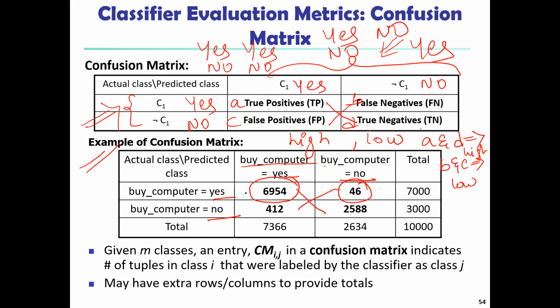All the true positive and true negative values are high here. False negative and false positive values are less. So if the true predictions are high and the false predictions are low, then we are having accurate values.